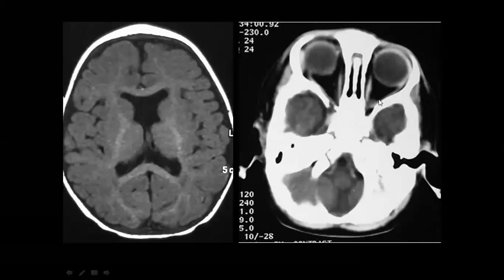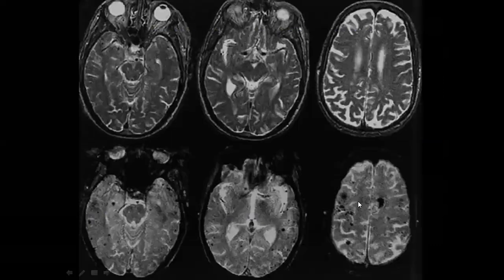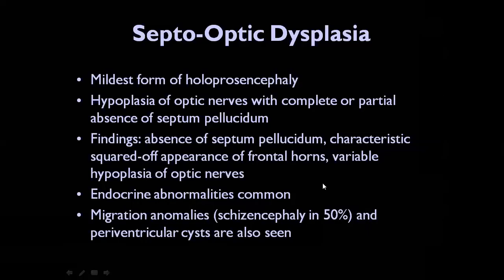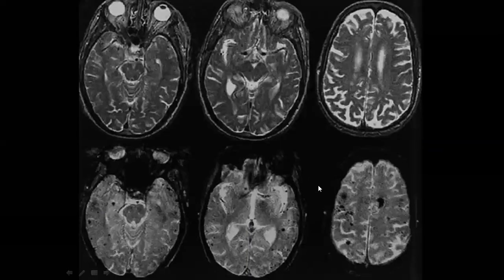So in this case, can you see the optic nerve? No. Can you see the septum pellucidum? No. So you are talking about septo-optic dysplasia, which is the mildest form of holoprosencephaly. So when you don't find the falx and septum pellucidum, think about holoprosencephaly, whatever the type.